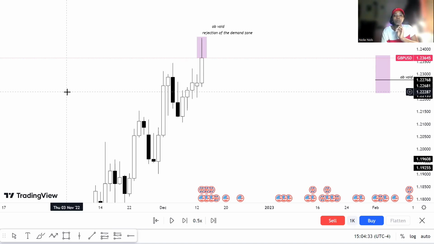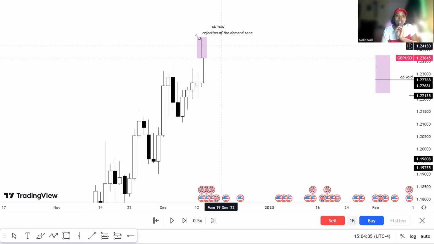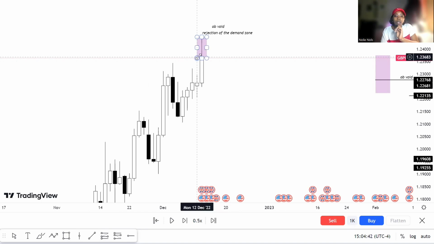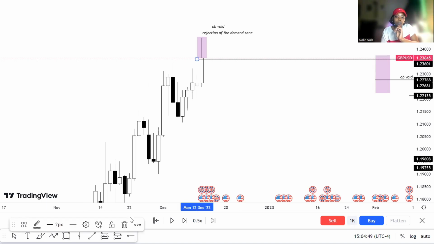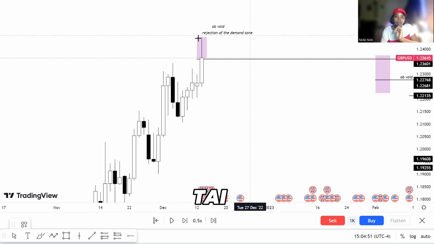So what you want to do is, the box, which is a rejection, you want to draw your box from the head to the tail. Okay, this is the head, and that is the tail.